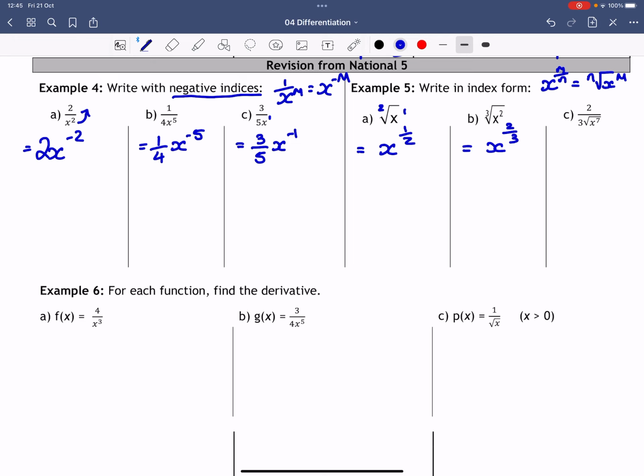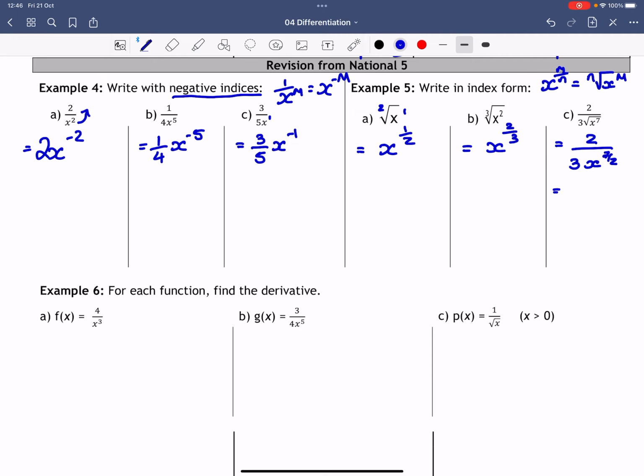This next one, we'll just take our time with this, okay? We've got 2 things that we need to do. First thing we need to do is apply the fractional power index law to that. So I would just leave it as 2 over 3. But this time I would make it say x to the power of 7/2. Okay, so just taking out the radical and then writing with a power. Now I want to totally separate my x from my fraction.